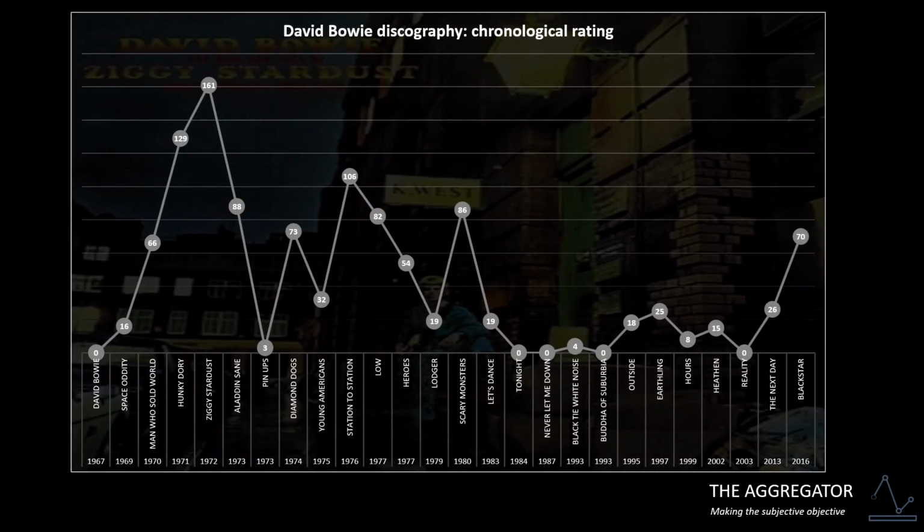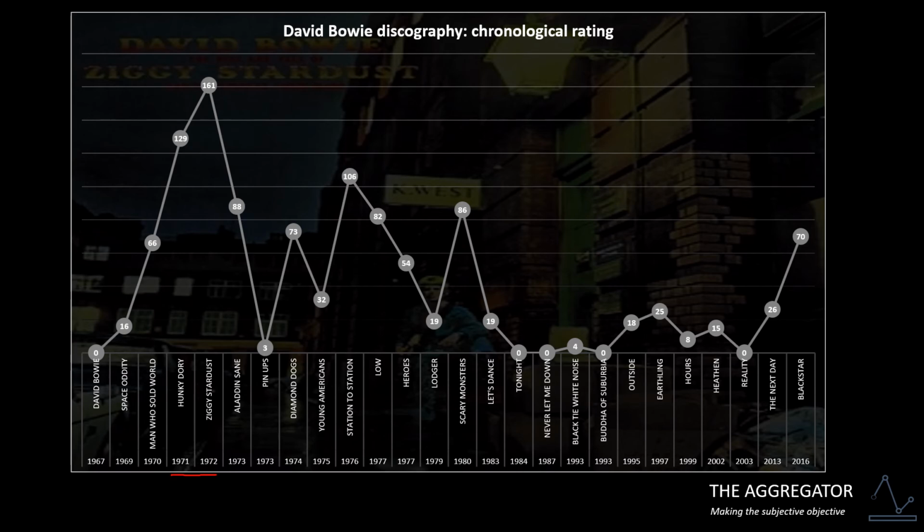So next we're going to look at the album ratings in chronological order, and I think you'll see a pattern here that's unlikely to surprise any of you watching, but let's just quickly highlight 4 key phases.